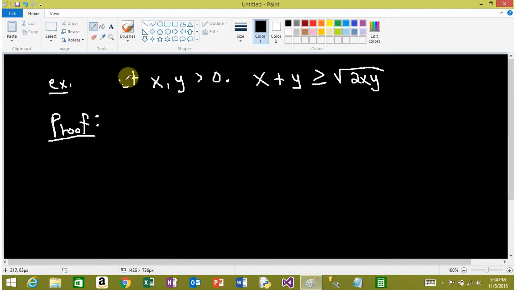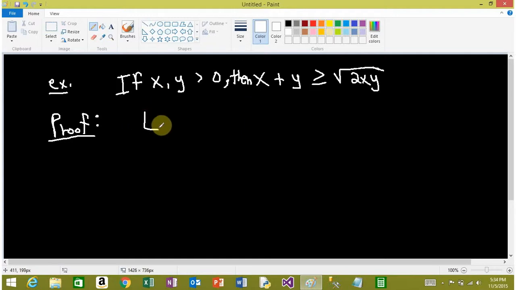Put this in an if-then form. Let's do: if x and y are positive real numbers, then x plus y is greater than or equal to the square root of 2xy. And now we'll do the proof.